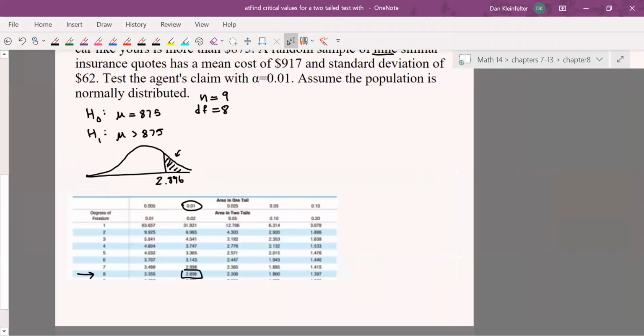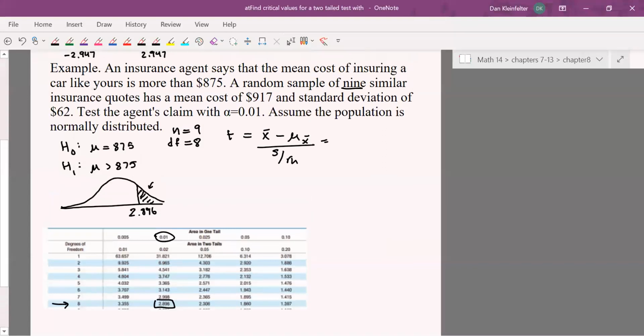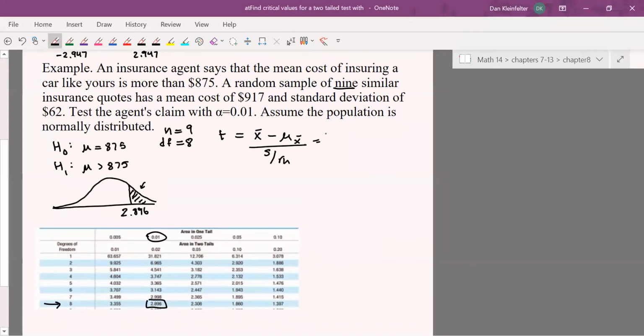Okay, so now it's time to calculate our test statistic. That will be t equals x-bar minus mu over s over root n. Our sample mean was 917, the hypothesized mean was 875, the standard deviation was 62, and the sample size was 9.